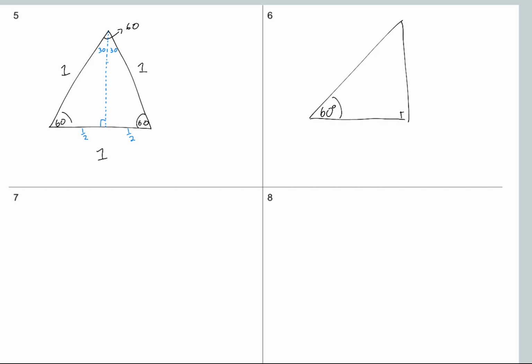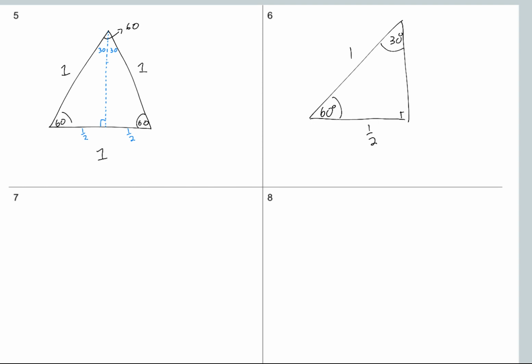60 degrees, 30 degrees, a half, and 1. You've got 1 minute and 50 seconds to work out the missing side using Pythagoras. Pythagoras says the square of the hypotenuse is equal to the sum of the squares of the other 2 sides.